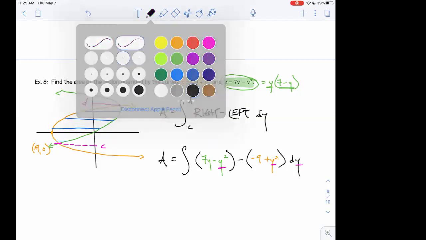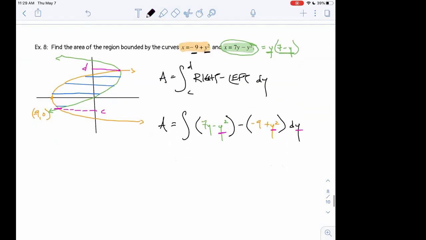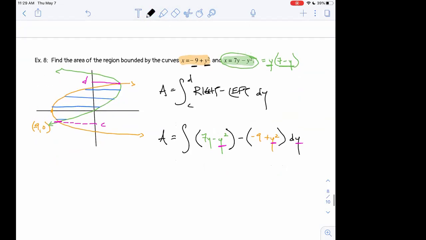Now, like some of the other ones we've seen, these bounds are not necessarily obvious. So we're going to use our strategy of setting the green curve equal to the orange curve so that we can algebraically find out where their intersection is. To find C and D, we're going to set negative 9 plus y squared equal to 7y minus y squared.